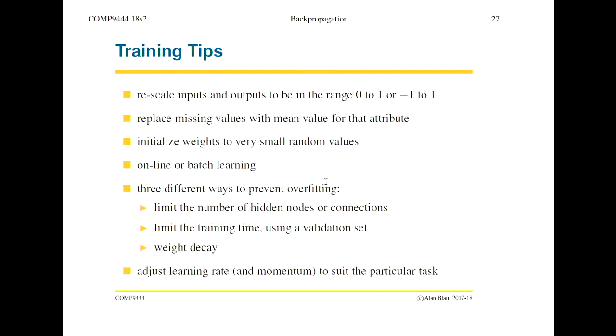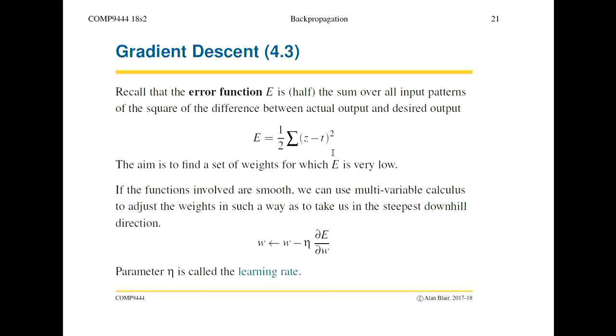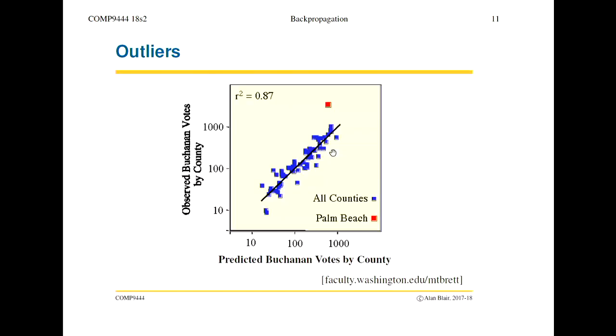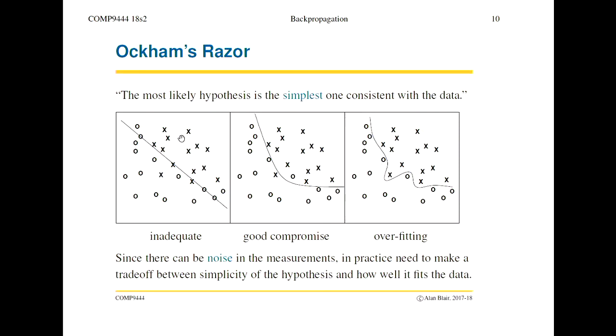Or we can think about this in the more broad term of how to prevent overfitting. So if you remember, sorry to keep jumping around like this, but it's important to keep this in mind. This straight line is effectively equivalent to a perceptron.